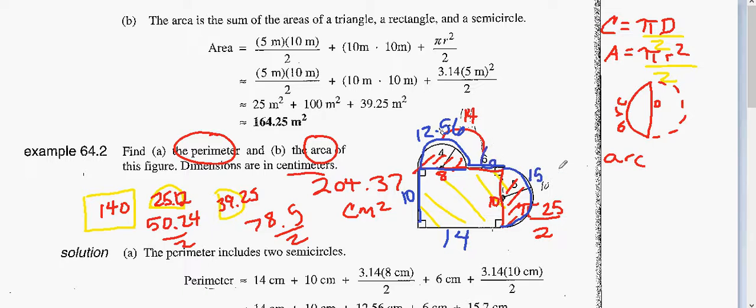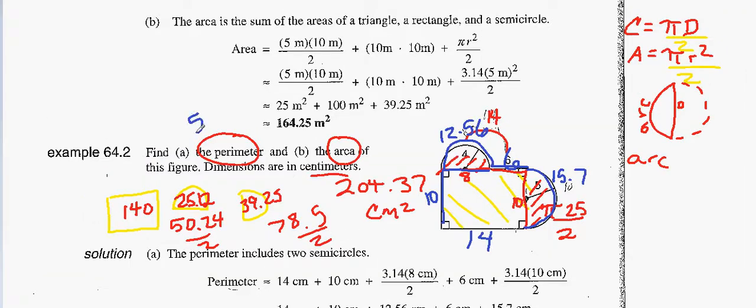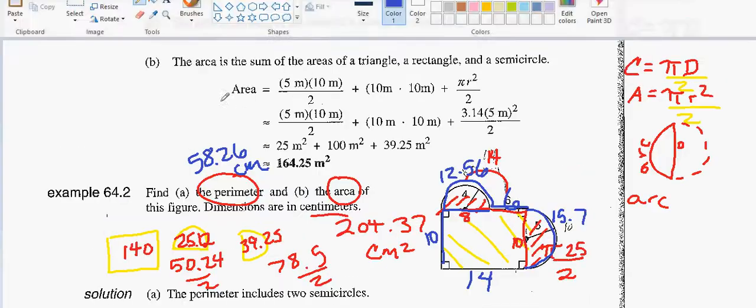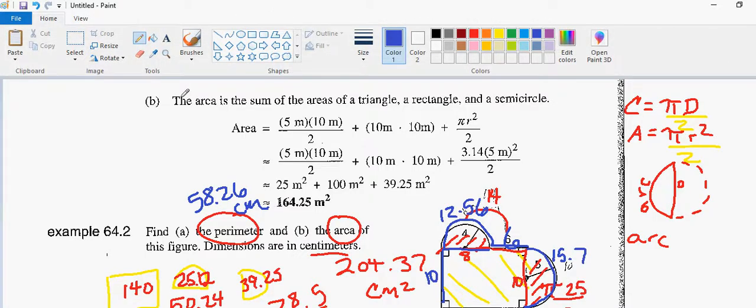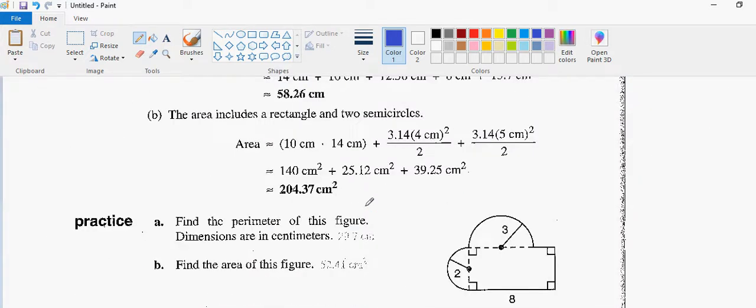Don't forget your 6 here, by the way. So 14, 15.7, 6. You add all those up, and you get 58.26 centimeters, which is my perimeter. Squared? No.